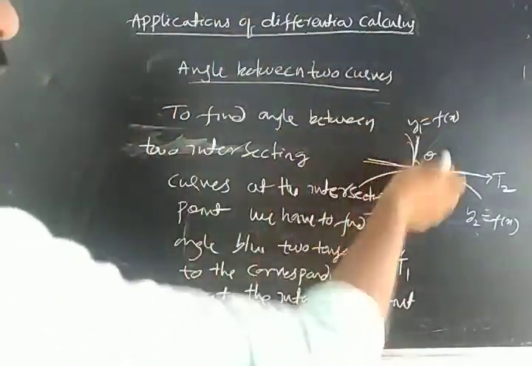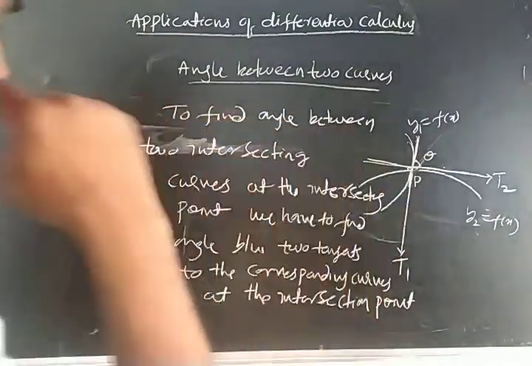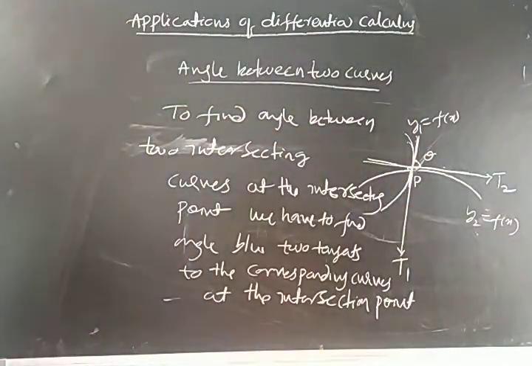So to find the angle between two curves, we have to find the angle between tangents at the point of intersection for the corresponding curves.